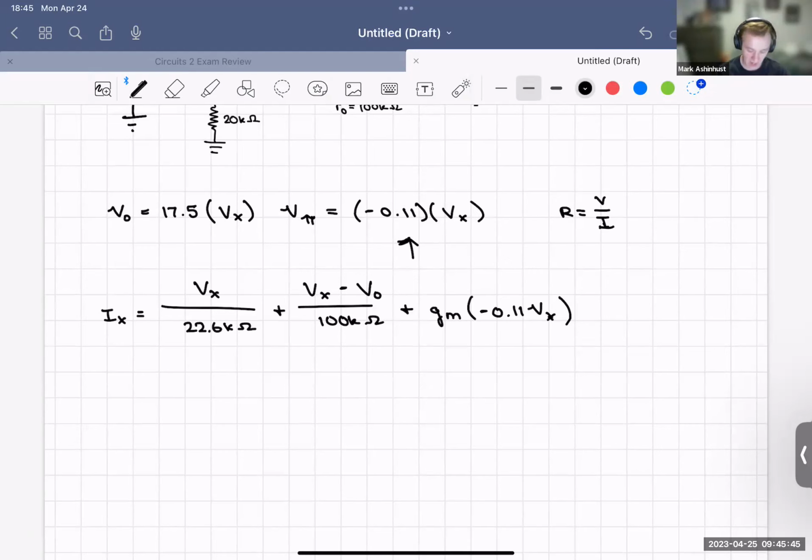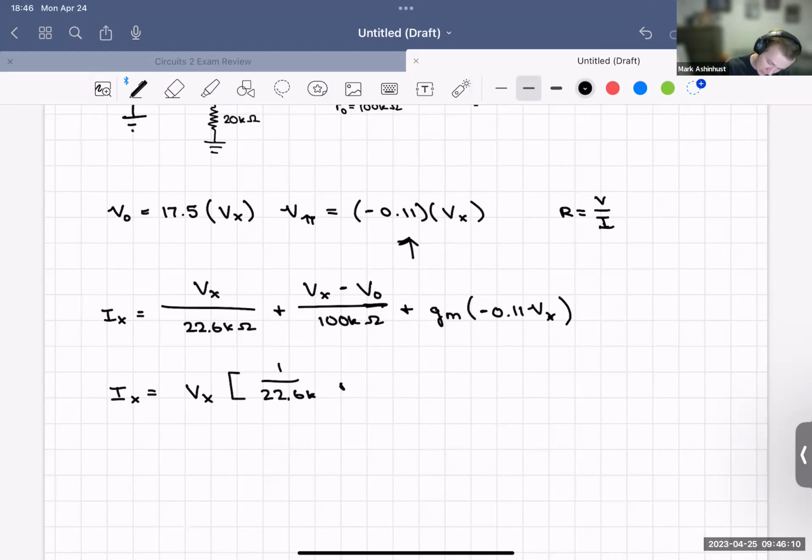And then we have our equation for our current in only terms of the voltages. And we have our Vx and then the V out there. So we can just solve for this, and we could solve for Vx over Ix. So we'll end up doing the algebra. We'll have Vx. We have 1 over 22.6K.